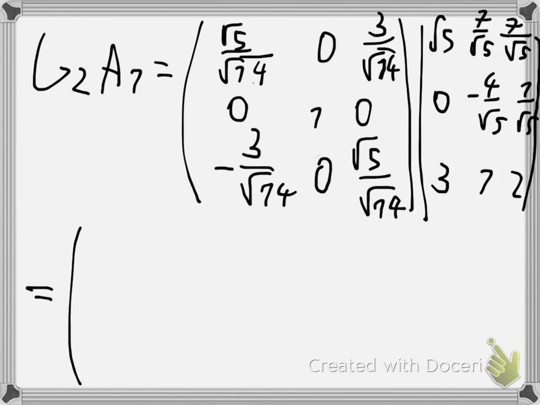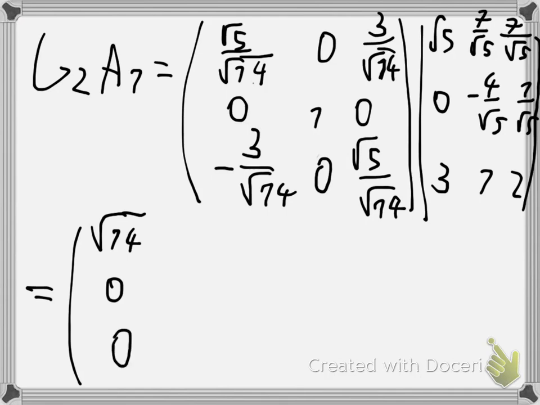We get 14 over square root of 14, or just square root of 14. Okay. Then we get 0. And then we get 0.